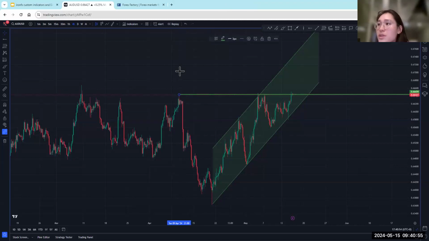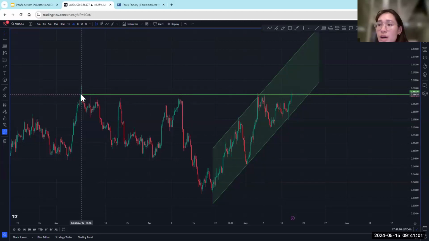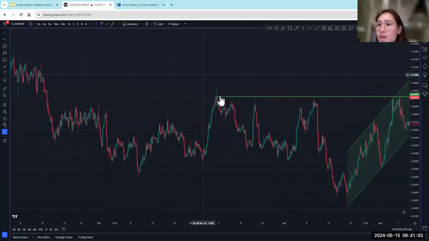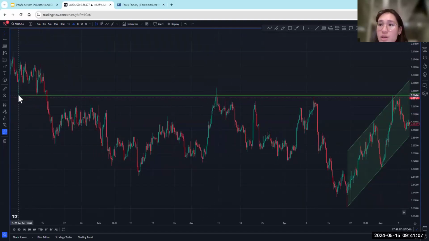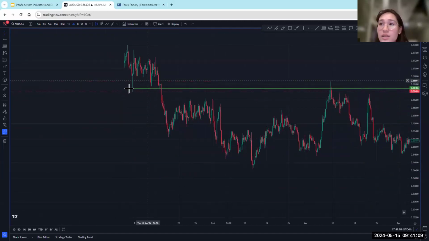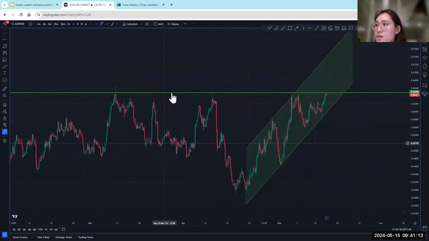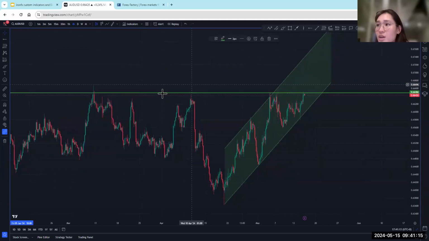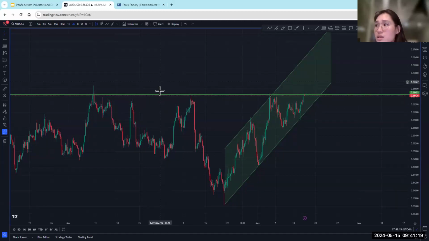I'm going to place my pivot over here. It's a good habit to try and pull back your level as far as you can so that you can see how significant that level is. You can see here I have a couple of swing highs that have tested this level in the past.